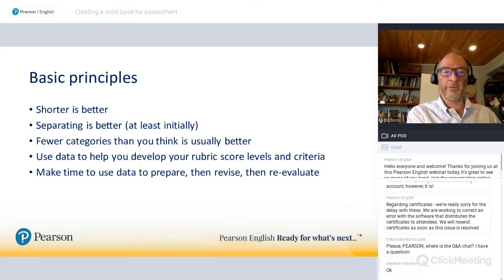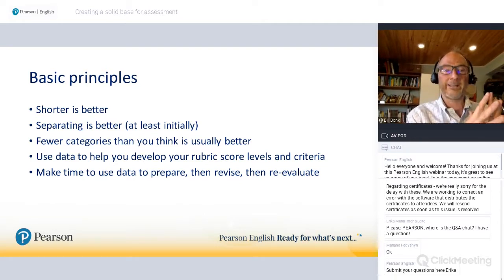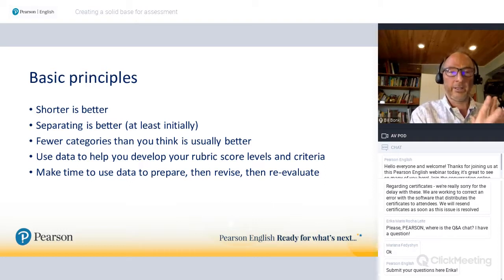So if you start with an analytic set of rubrics, you can always squeeze them together if you find that these traits hang together in terms of the data. But if you start with them all smashed together, you don't know what a 2 really is, because you don't know what the raters were using as the criteria to create that 2, especially when you have many different kinds of traits all in the same rubric, all pointing towards a 2.